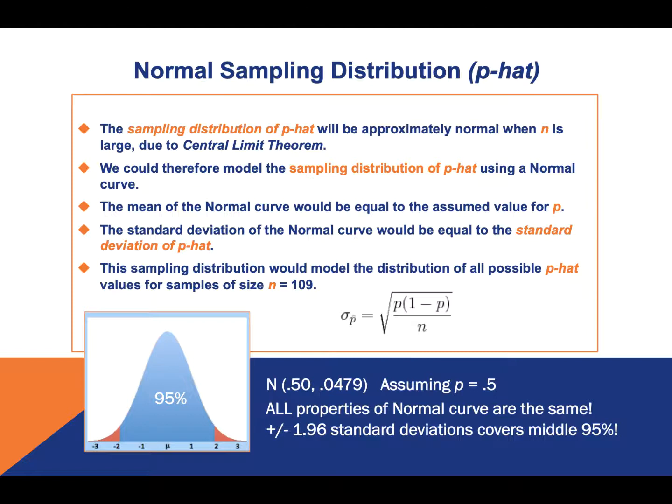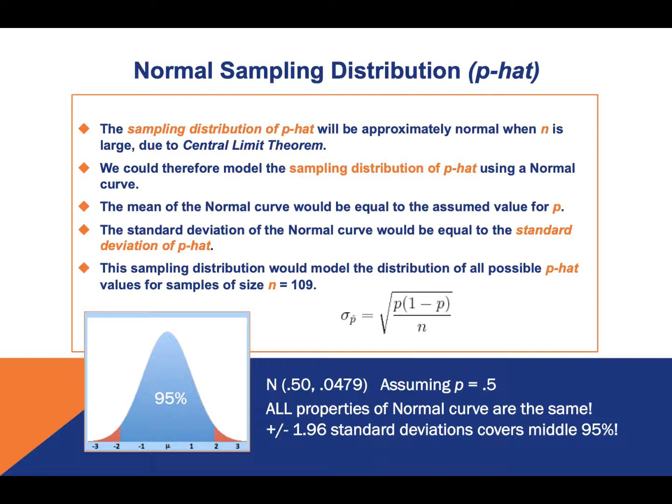The standard deviation of our normal curve would be equal to the standard deviation of p-hat, also known as standard error of proportion. This sampling distribution would model the distribution of all possible p-hat values for samples of size n. The formula shown would calculate the estimated standard deviation of p-hat.